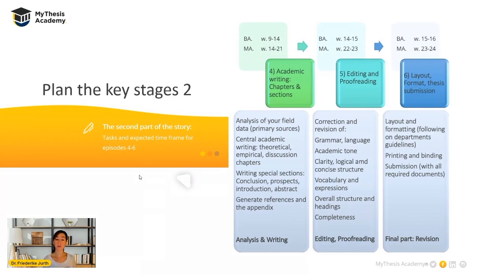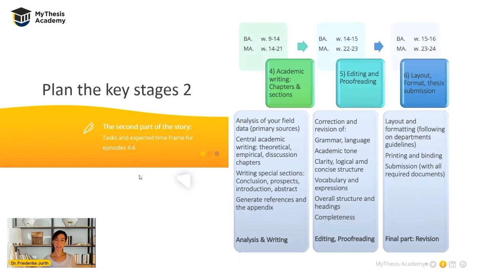So you may write the discussion chapter and you are getting smoothly into the conclusion, but the further research question and the introduction, that is maybe the last that you write before the abstract, are special or specific sections that are a little bit outstanding and that you may calculate separately.